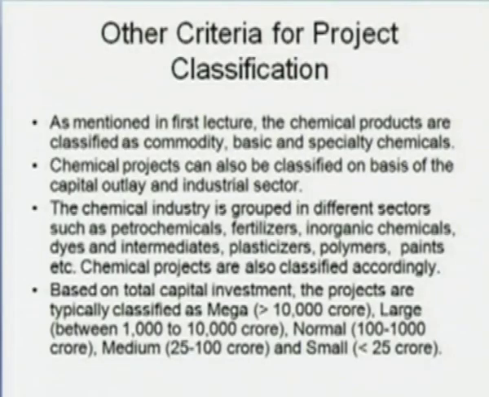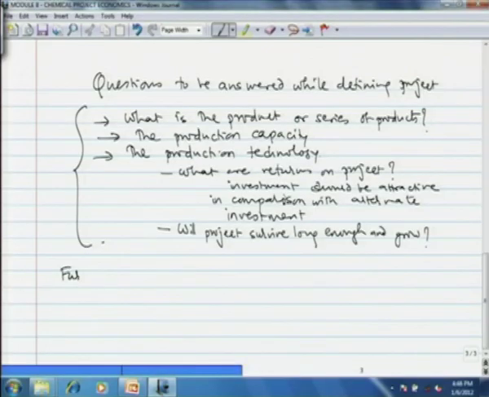Let us see what are the other factors that are involved in the classification of a chemical project. If we see a broad classification, then we can classify into three categories, based on three different criteria.